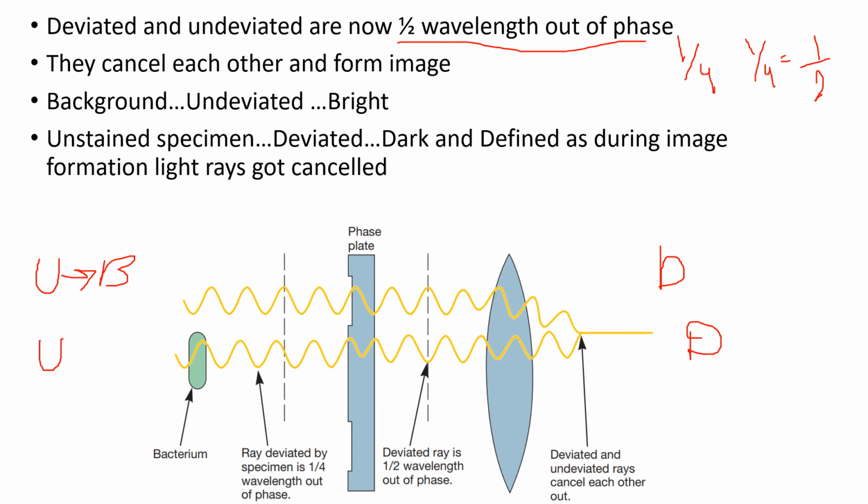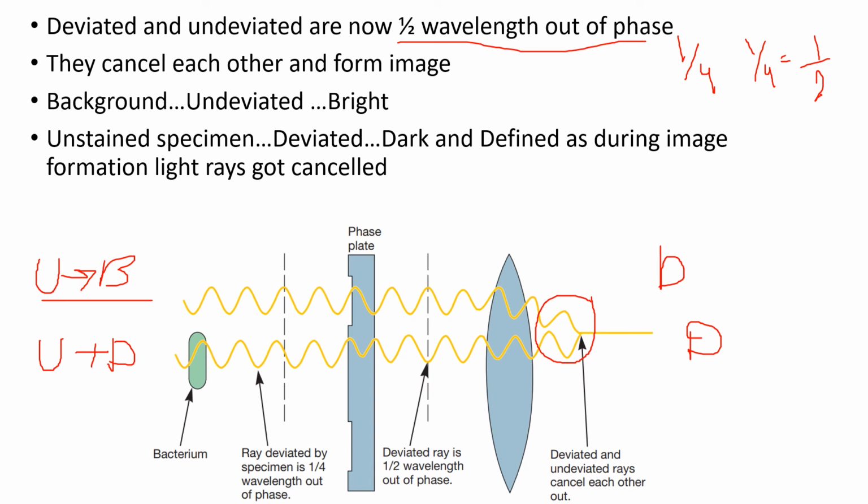But when undeviated light rays meet the deviated light rays, they both cancel out each other and then form the image. I hope that's clear. So when undeviated light rays reach the objective lens undeviated, they form the background and so it appears bright.